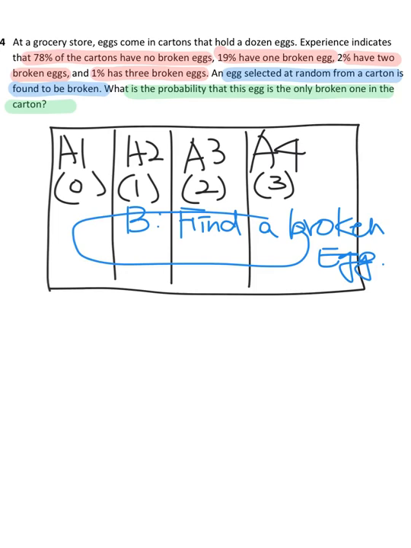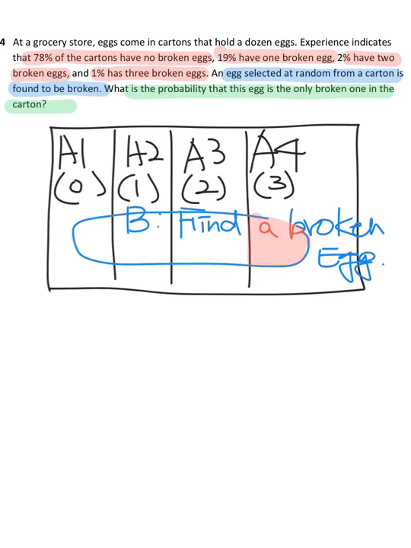Okay, let me do more. What happens here then? This one is based on A4. What was A4? In the box there were 3 broken eggs. But randomly we choose one.